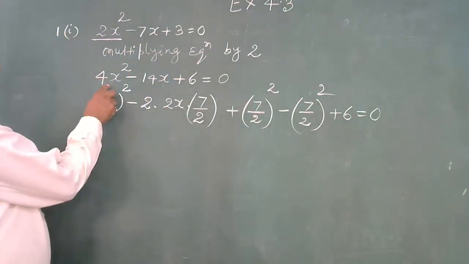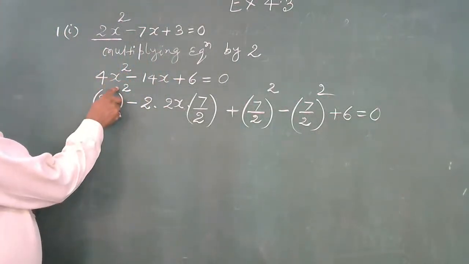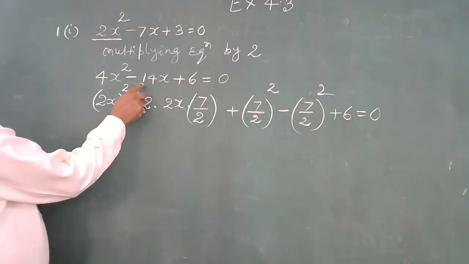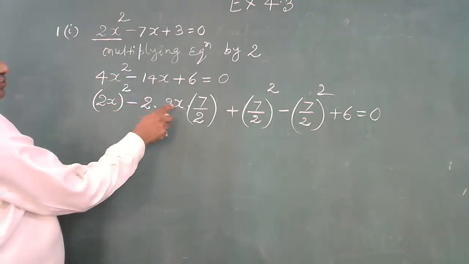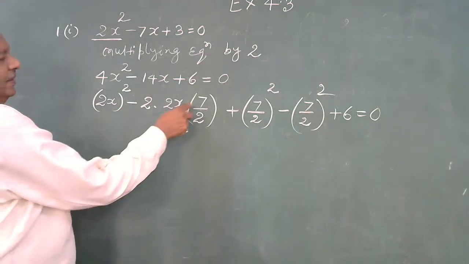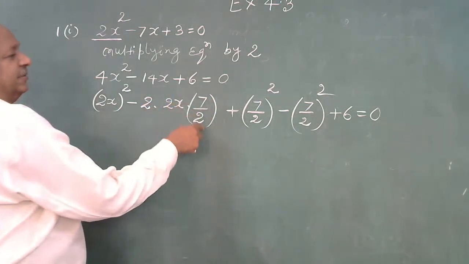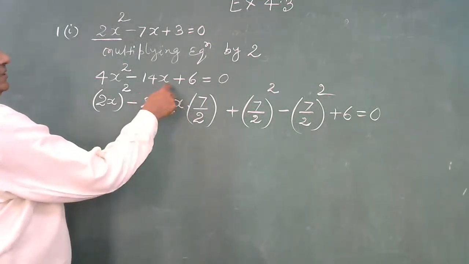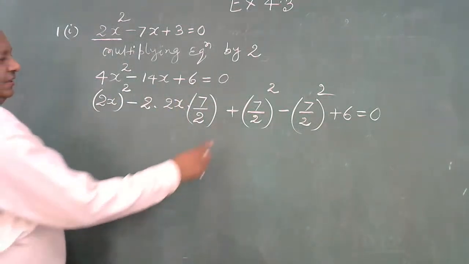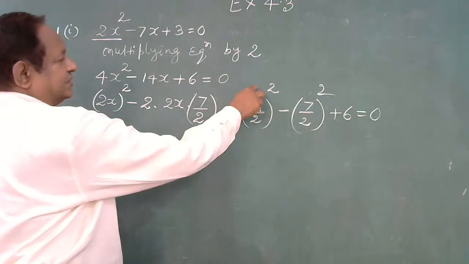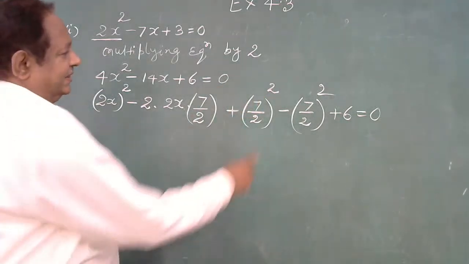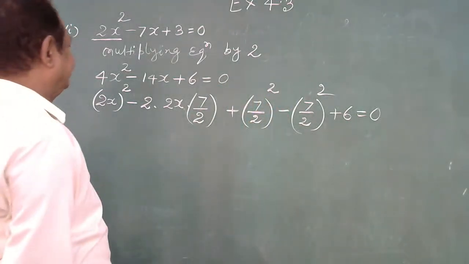Now in place of 4x square, this is 2x whole square, minus, in place of 14x, 2 into 2x, that is 2ab, this is 2 into a into b, 7 by 2. 2 cancels, that is 14x. 7 by 2 whole square is added and the same has been subtracted.